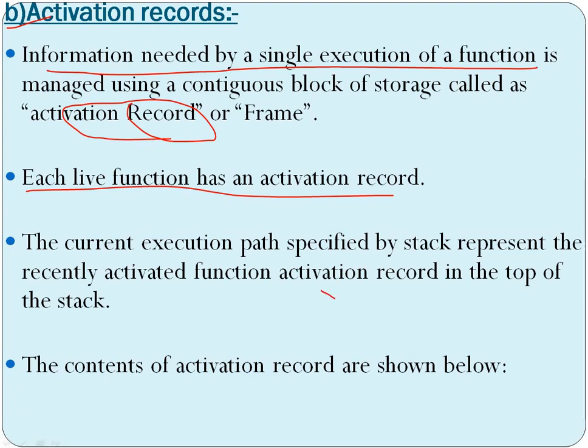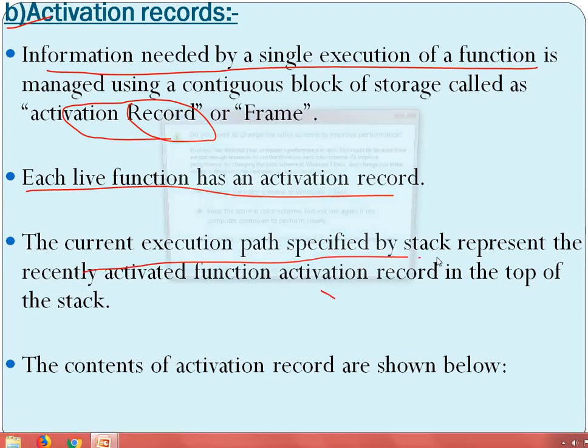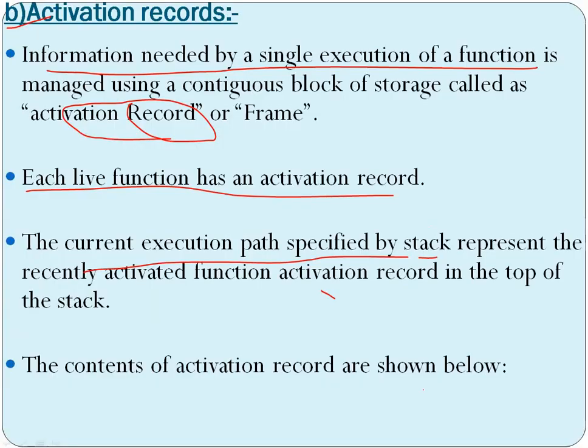The current execution path specified by the stack has the recently activated function's activation record on top of the stack. So the function that is called most recently is placed on top of the stack.